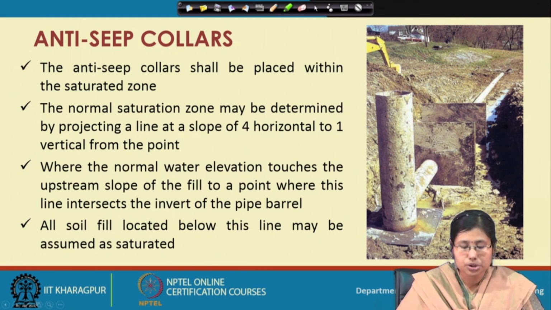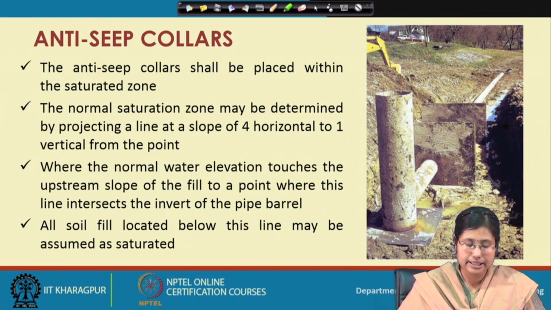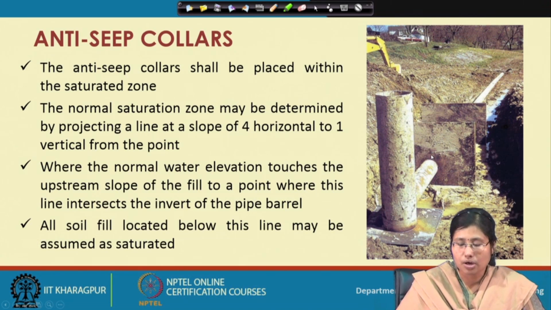The normal saturation zone may be determined by projecting a line at a slope of 4 horizontal to 1 vertical from the point where the normal water elevation touches the upstream slope of the fill to a point where this line intersects the invert of the pipe barrel, and all soil fill located below this line may be assumed as saturated. These are the steps to find the position of the saturation zone, and based on this position you can provide the anti-seep collars throughout the conduit of the drop inlet structure.